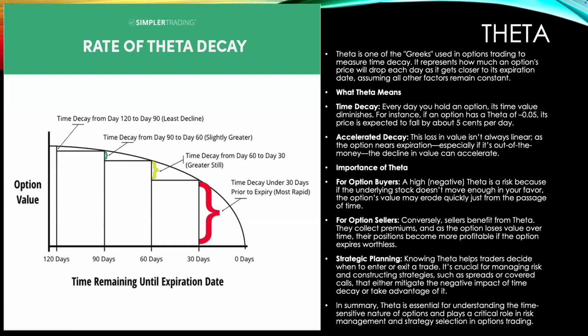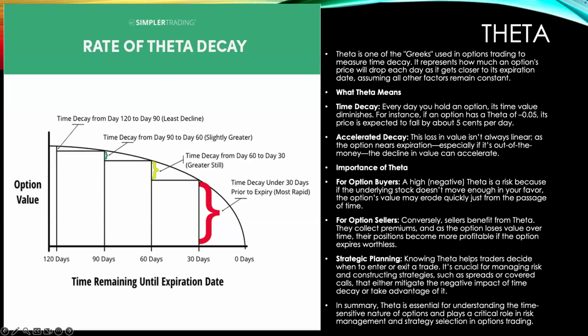Every day you hold an option, its time value diminishes. For instance, if an option has a theta of 0.05, its price is expected to fall by 5 cents per day.